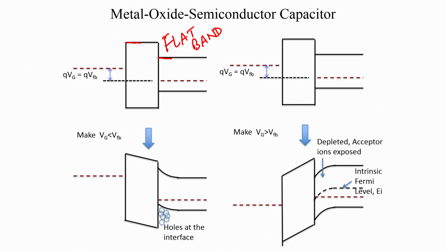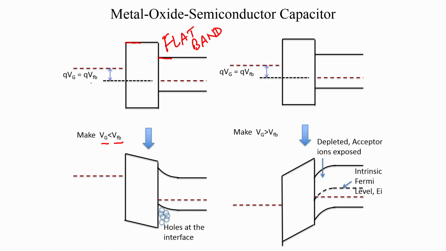Now let us say we start making Vg less than VFB. We have already applied a negative voltage here, and we start making it more and more negative.